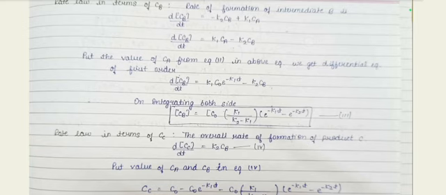On integrating both sides, CB is equal to C naught into K1 by K2 minus K1 into e raised to power minus K1 t minus e raised to power minus K2 t.